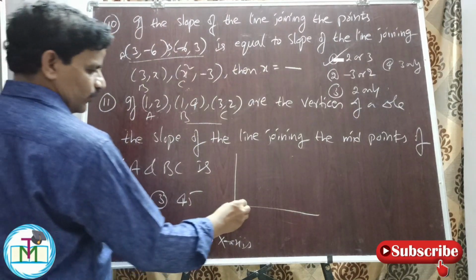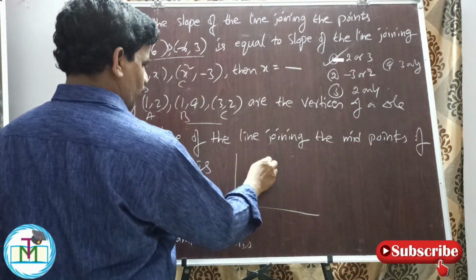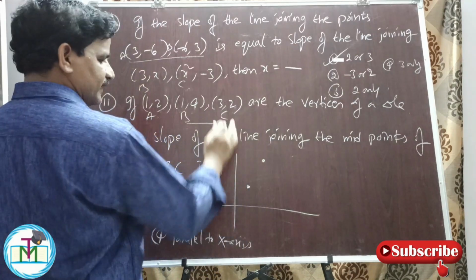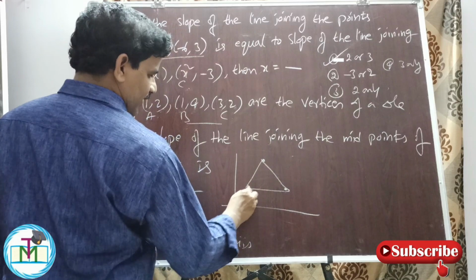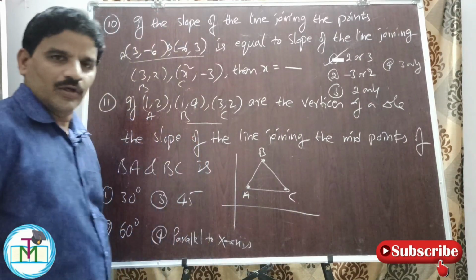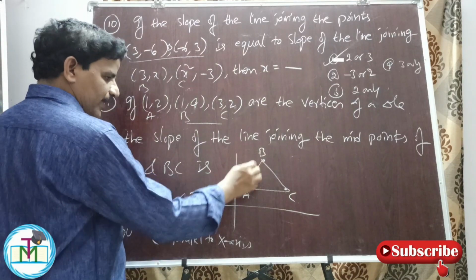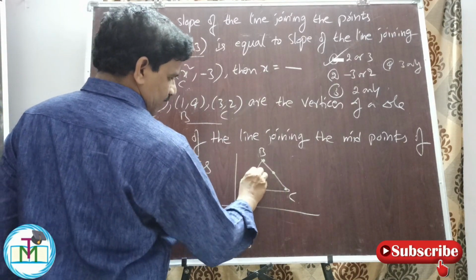A is 1 comma 2, B is 1 comma 4, C is 3 comma 2. So this is A, this is B, this is C. Now we have to find the midpoint of AB and the midpoint of BC.